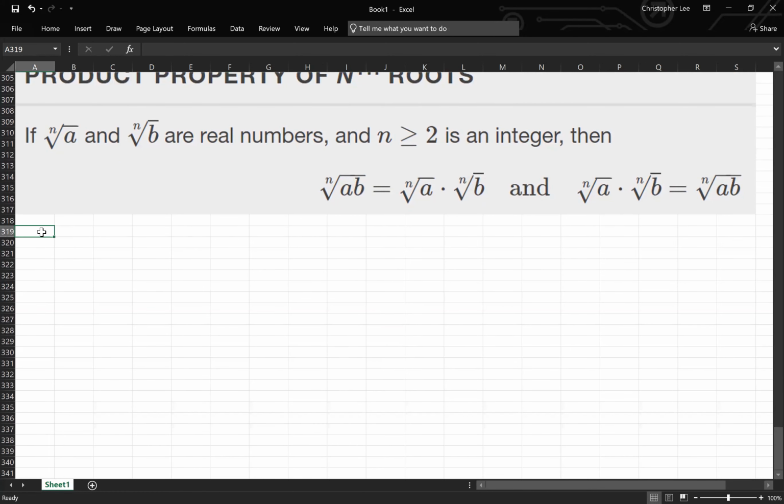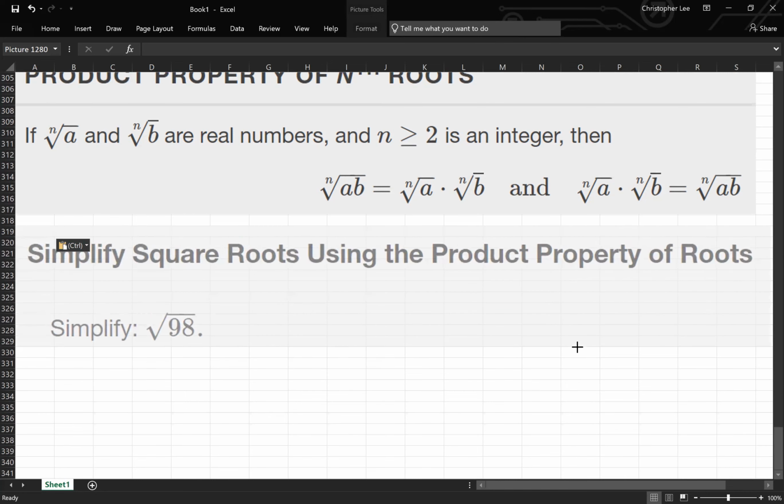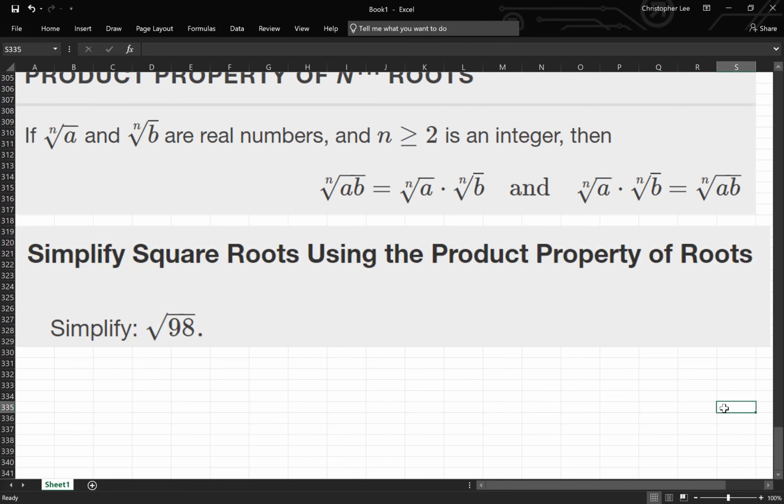So let's take a look at an example, right? Let's say I was asked to simplify the square root of 98. So I want to know, is there a perfect square that goes into 98? What do we think? There is. 49, right? So we look for a perfect square that goes into 98.